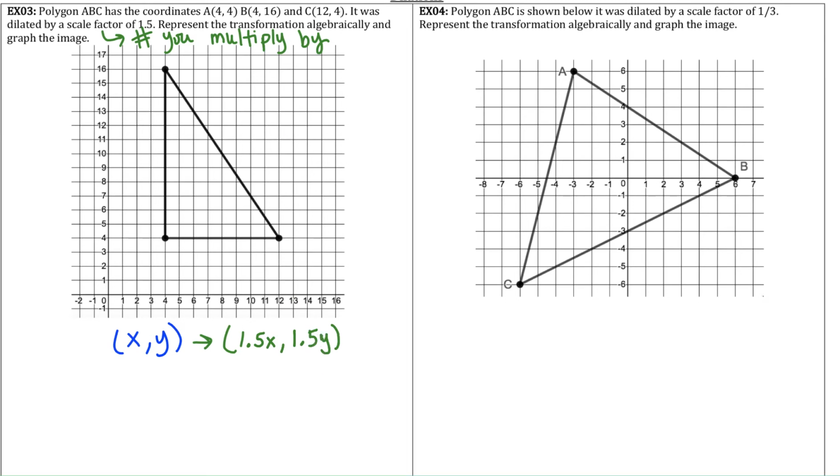Okay, so it tells us what they are. So A, B, C. I'm going to label them with blue. A was that one, B was this one, and C was this one.